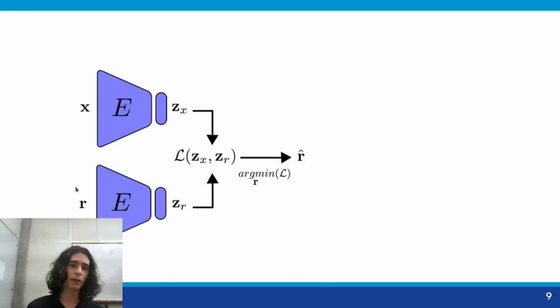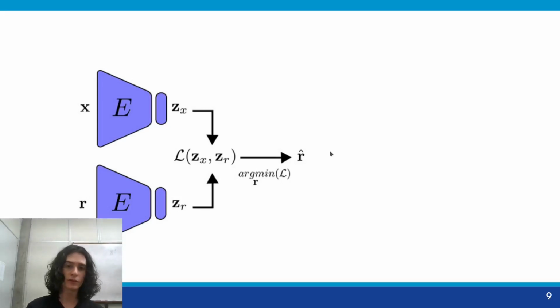Then by using the same neural network, you have a random input R with the same size and shape as X, and you have the output ZR. Then you calculate the distance between ZX and ZR.